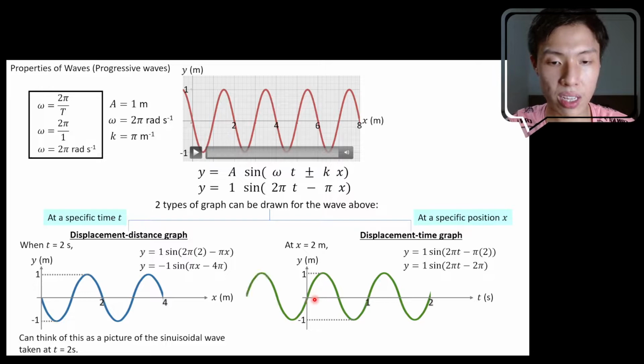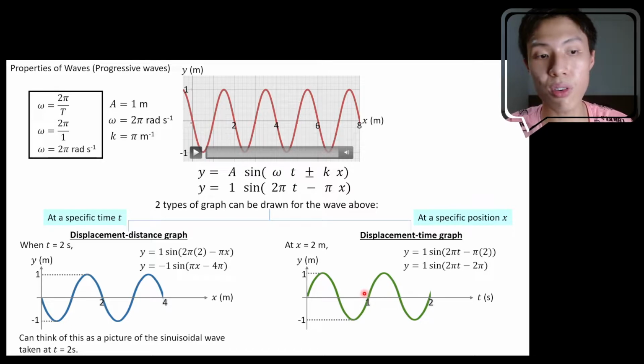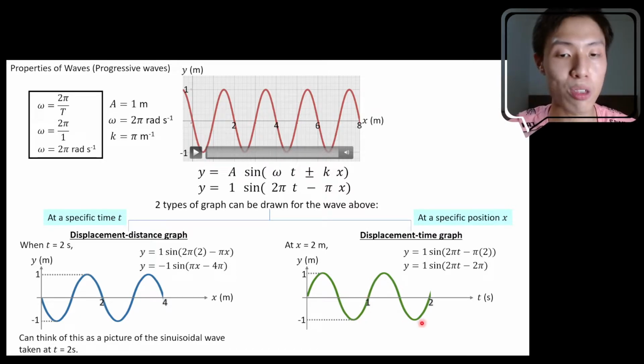So if you extend your graph a little bit to the left, then shift it to the right by one complete oscillation, you can see it move like this. As you can see, it comes back to the same shape. So this is your graph for y equals 1 sine (2 pi t minus 2 pi).